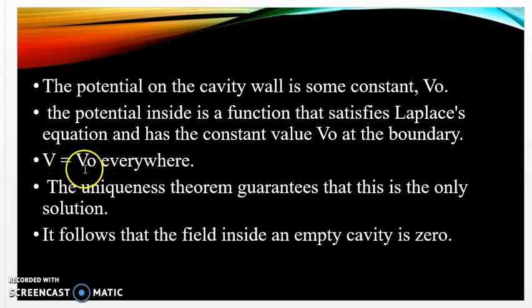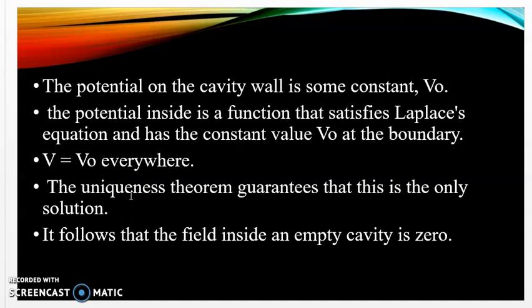So it is not just at some point; in every part of this region satisfying Laplace's equation, it must be equal to V naught. You have to pay attention to that. The uniqueness theorem also guarantees that this is the only solution. There is no other solution.